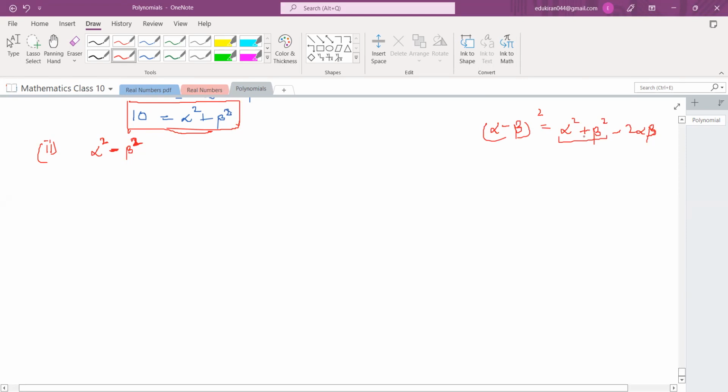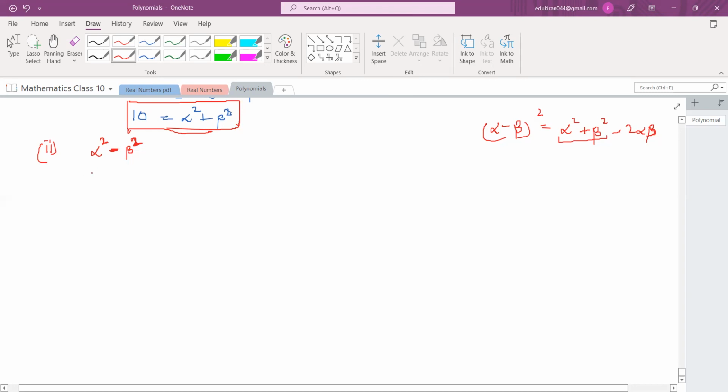Ma'am, alpha plus beta into alpha minus beta. Yes, alpha plus beta into alpha minus beta. But you don't have the value of alpha minus beta in that case.